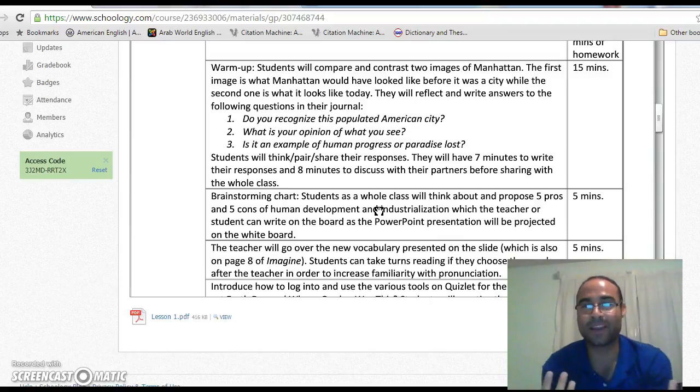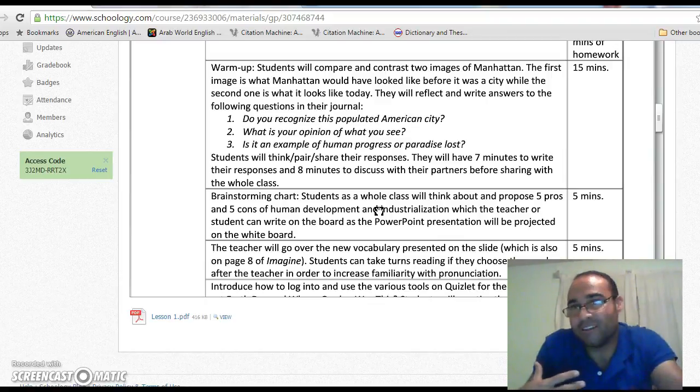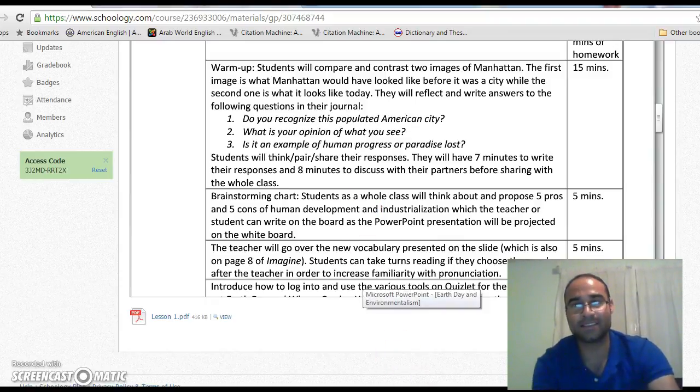You can think of different ways in which the students can share their ideas. I like it when students work in groups and then they elect a voice, the person who's going to speak for the whole group, or to go to the board and write their answers. So there's a multitude of ways to conduct that part of the lesson. It should take about 5 minutes, but could go on to 10 depending on the student's interest level.